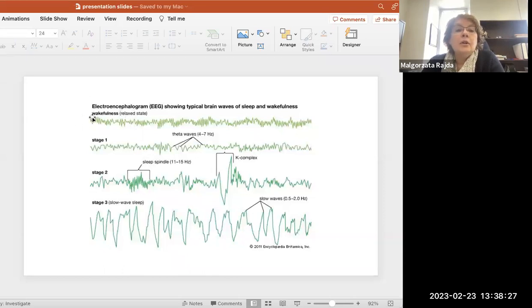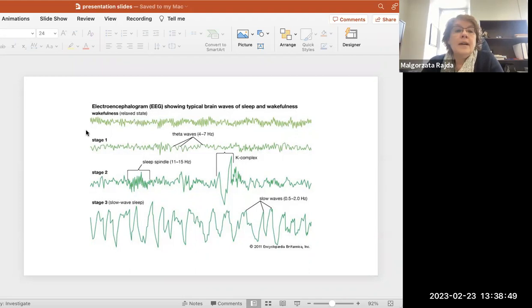Okay, so you will see the different types of electrical activity, which we can see on the image as different speeds. When we talk about the frequencies, that is the number of waves per second, otherwise called hertz.